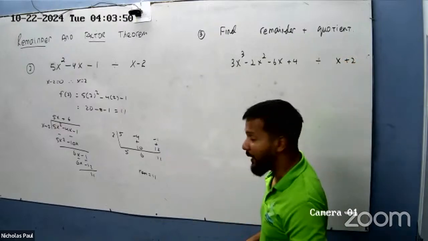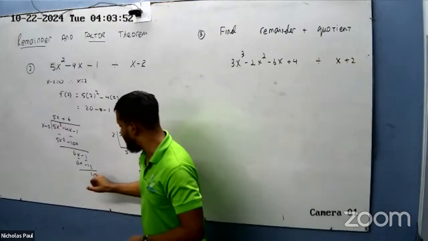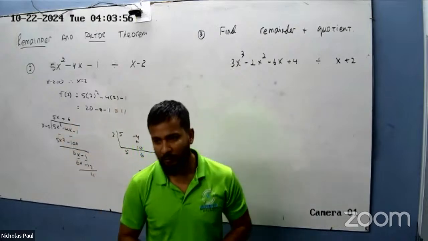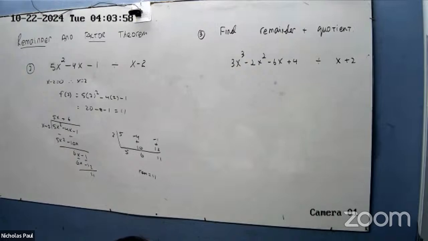So I want these two things. Remainder and quotient. Okay? I want the remainder and the quotient for each one. So which method are you going to choose? You can't choose method 1. So you have to choose 2 or 3.